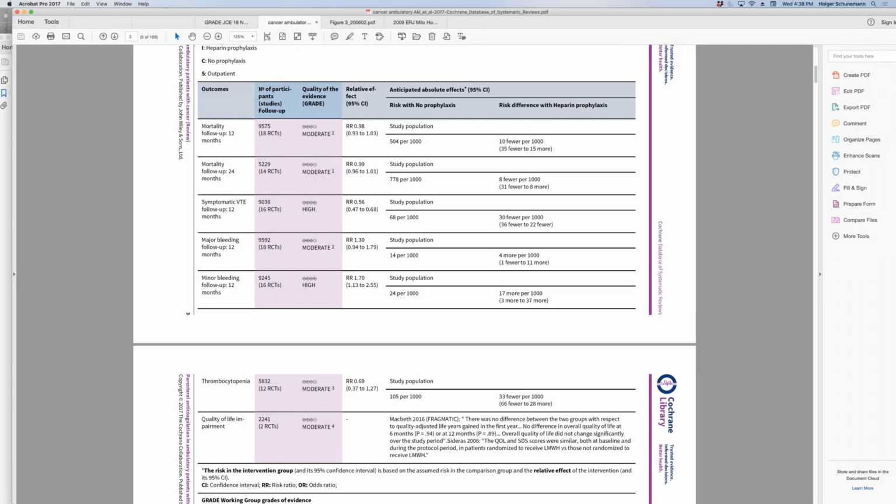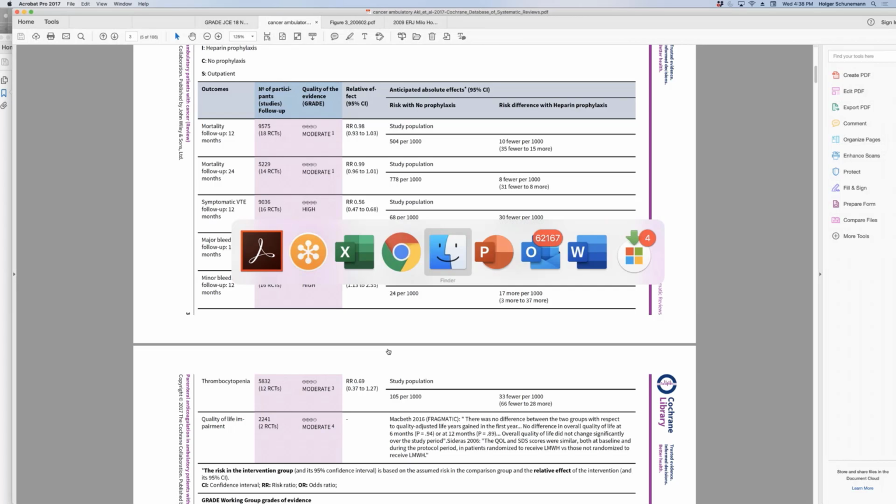However, I think the second part of the question, and maybe Romina, Gordon, or Nancy want to take that, relates to whether or not to make recommendations once your systematic review is used by a decision-making body, whether or not recommendations can be made on the basis of low quality or low certainty evidence. And the answer is yes, they can. Indeed, clinicians faced with a patient do not have the option of saying, sorry, you're going to have to go home, I can't help you, there's only low quality evidence.